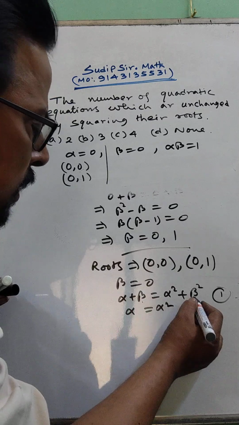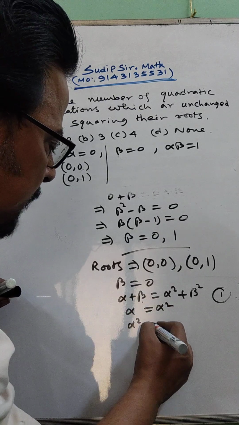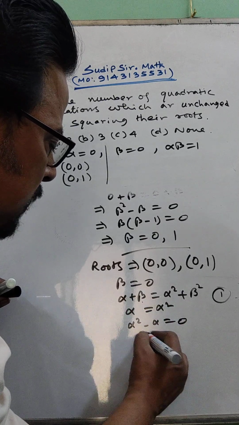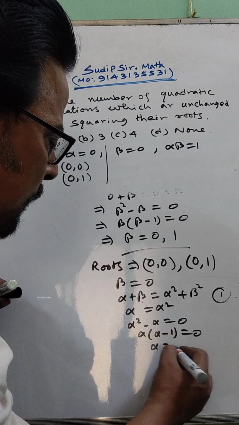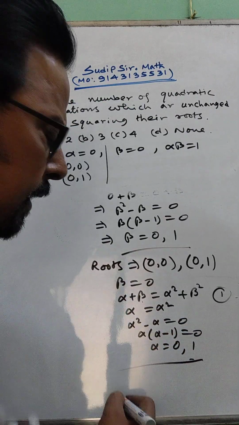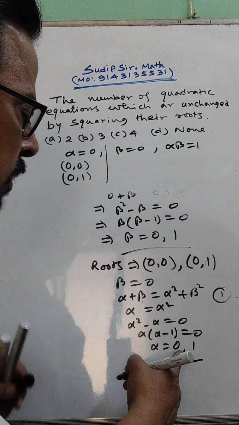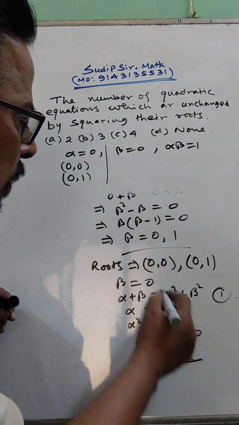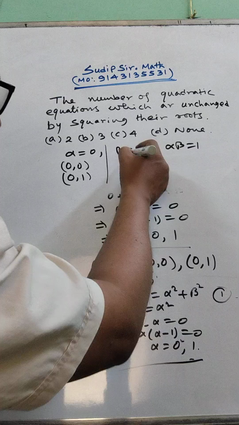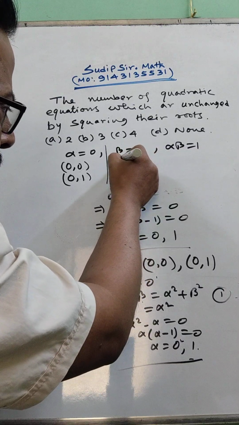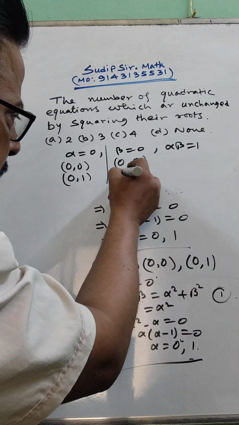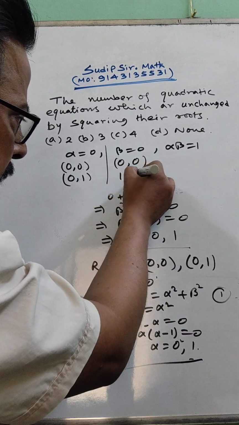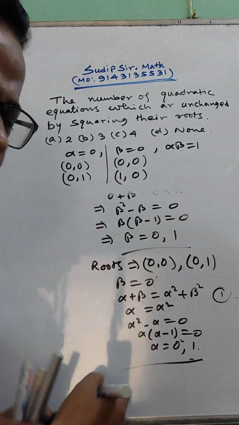That is alpha square minus alpha equal to 0, alpha into alpha minus 1 equal to 0, that is alpha equal to 0 comma 1. From this alpha beta are 0 comma 0 and 1 comma 0.